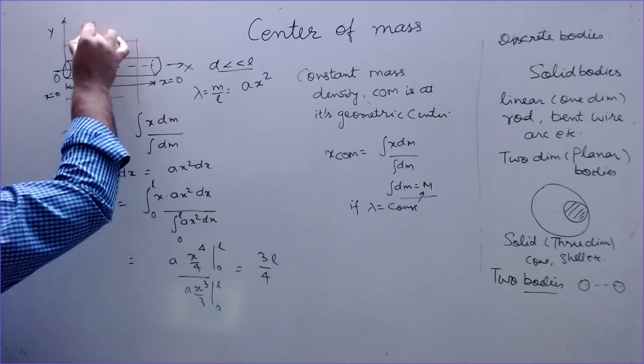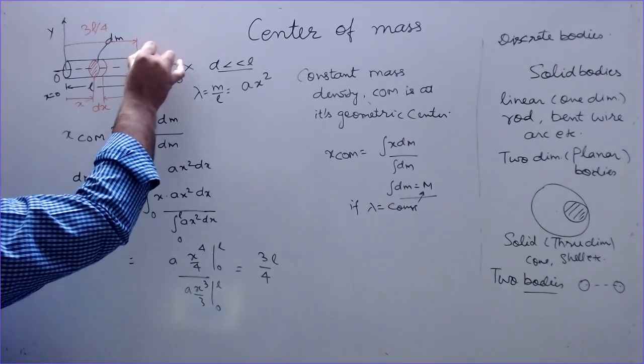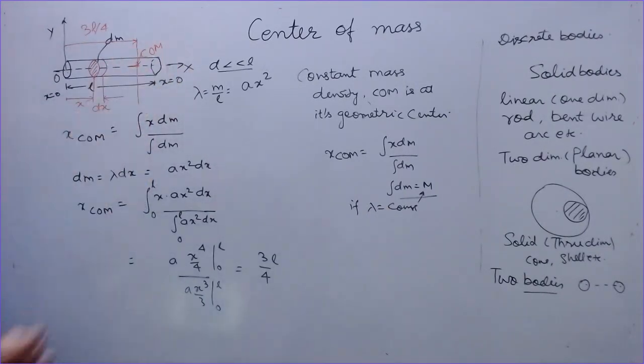This is 3L by 4 from this origin. Here we have the center of mass of this rod. This is how you can find the position of center of mass of a linear body which is having variable mass density.